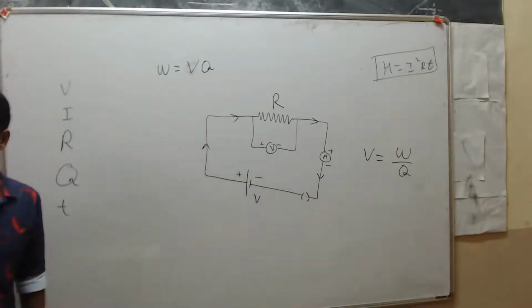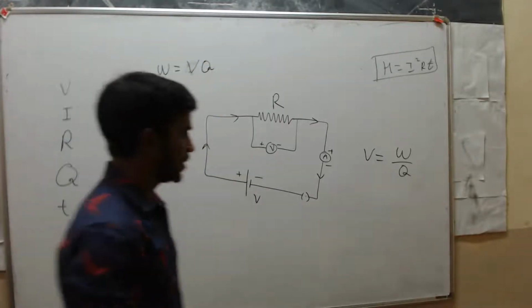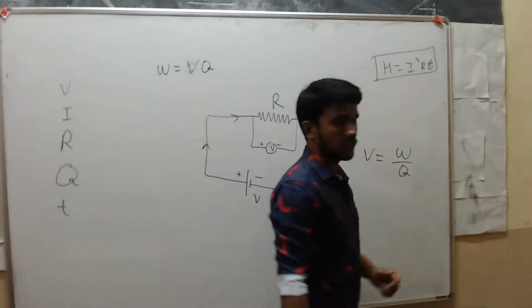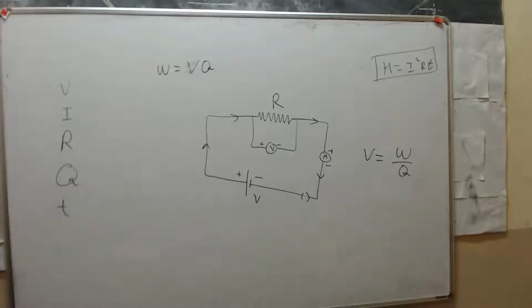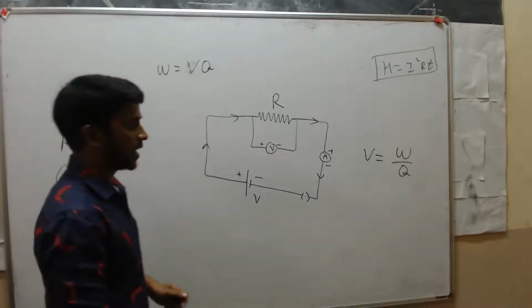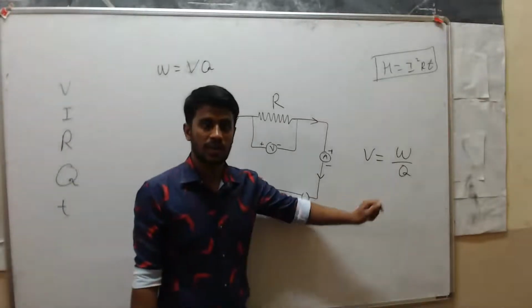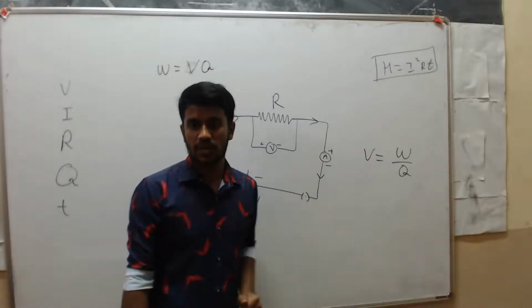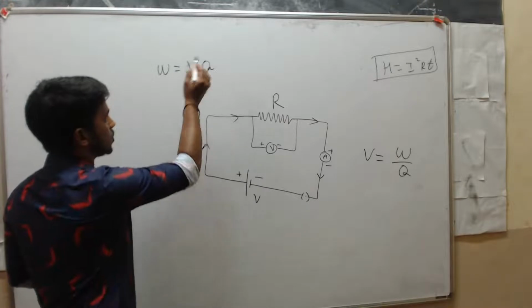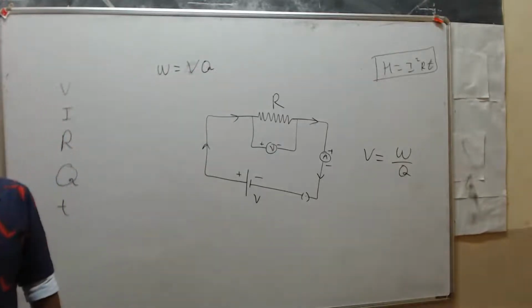The potential difference is work done divided by Q, the work required to move electric charges from one point to another point. So using that, we can write W is equal to V into Q.